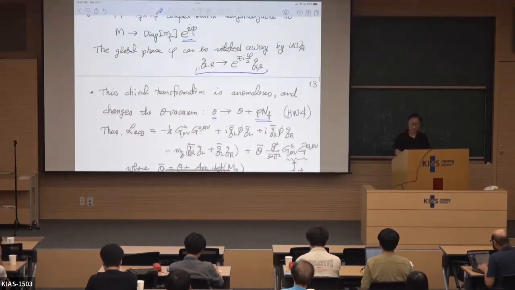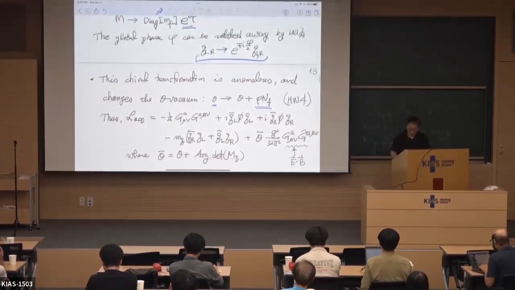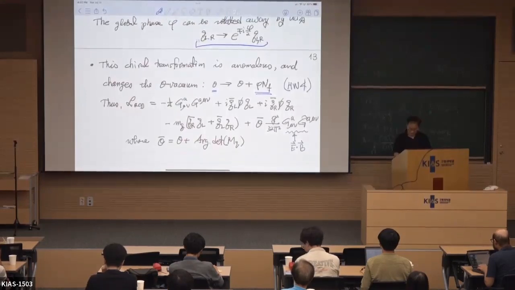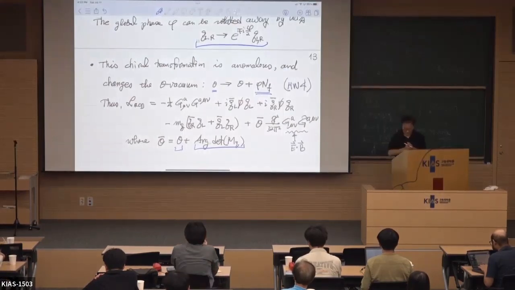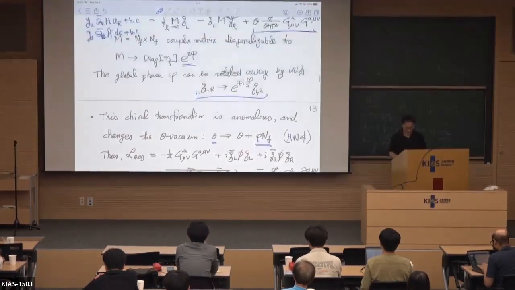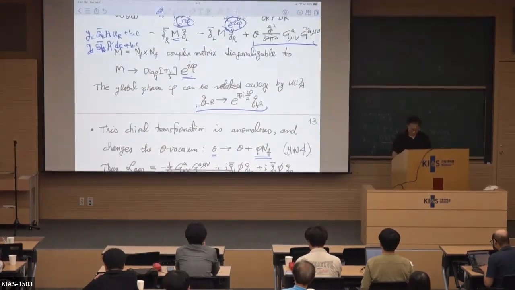So removing all the phase degrees of freedom appearing in general quark mass matrices, the effective theta value is called theta bar, which is a linear combination of the original theta plus the phases in the quark fields. Basically, the initial theta comes from some pure QCD property, but this has to do with the Yukawa mass matrix.